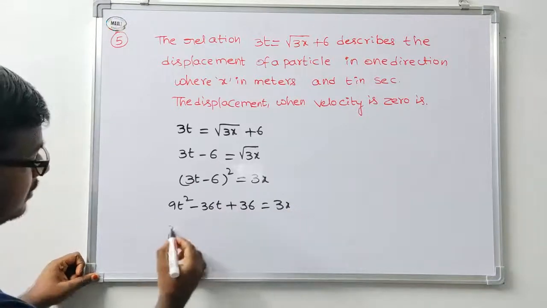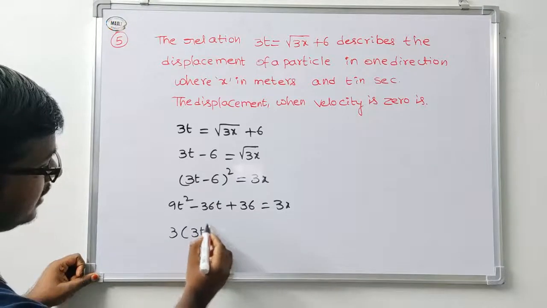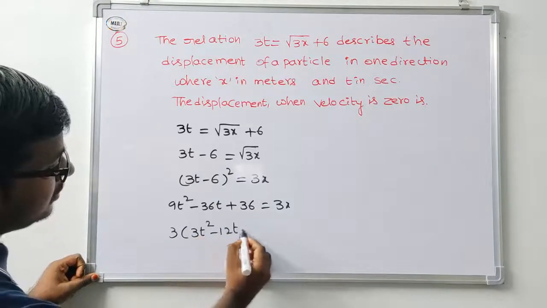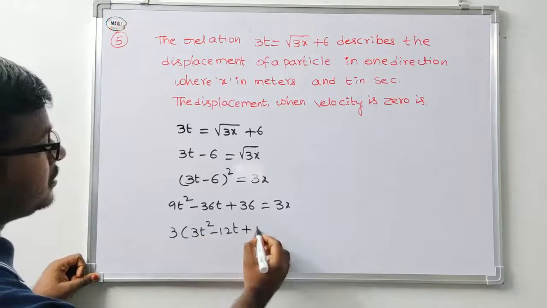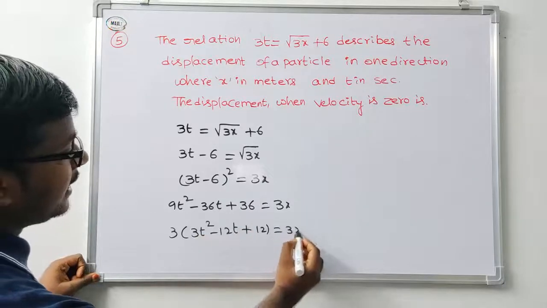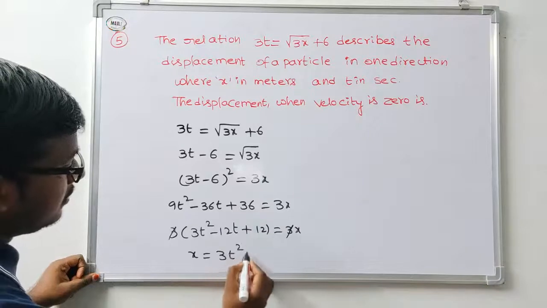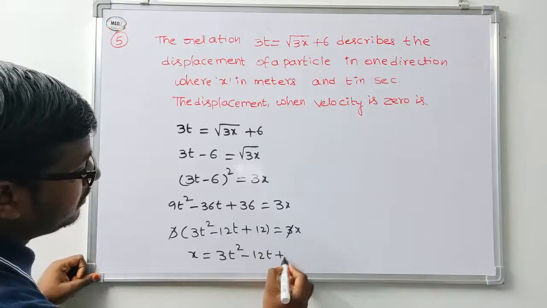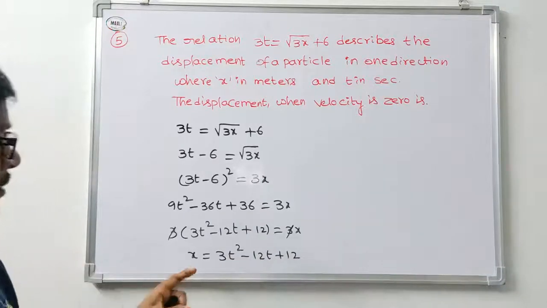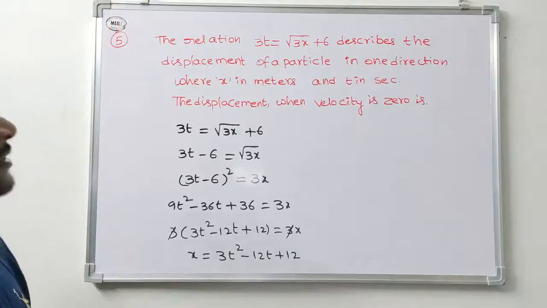Okay, taking 3 common, 3t square minus 12t plus 12 is equal to 3x. So x is equal to 3t square minus 12t plus 12. This is the displacement equation.